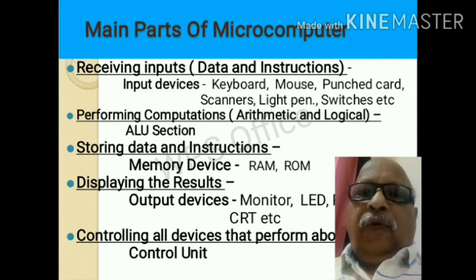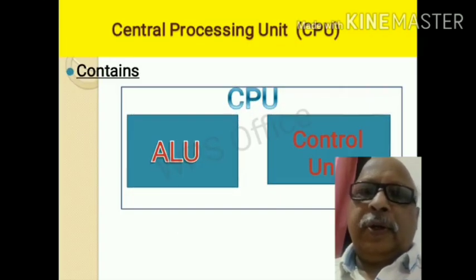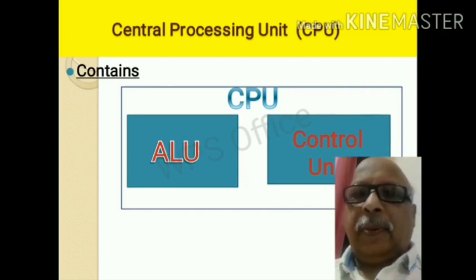One part performs arithmetic and logical calculations, and the other is the control unit. These two main parts, the ALU section and the control section, are combined together, and we call that the CPU, the central processing unit.